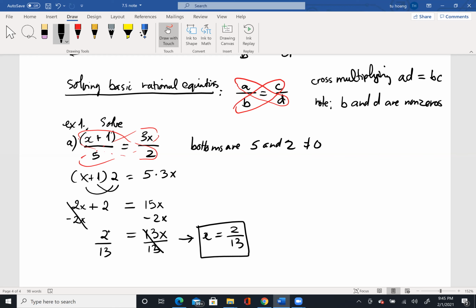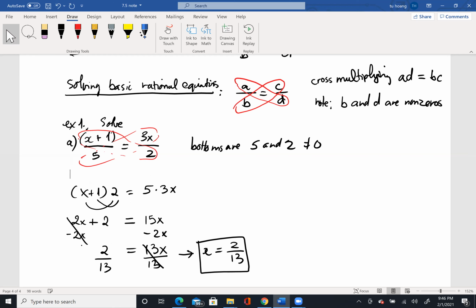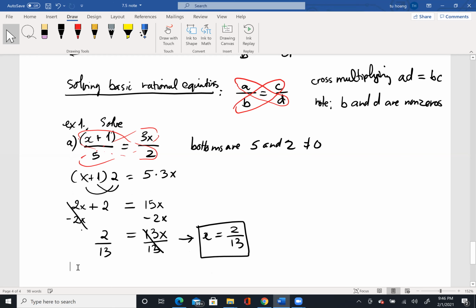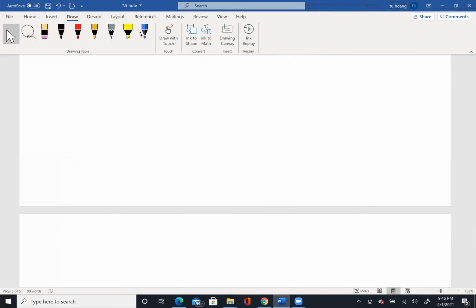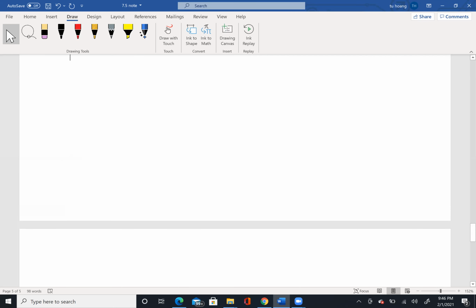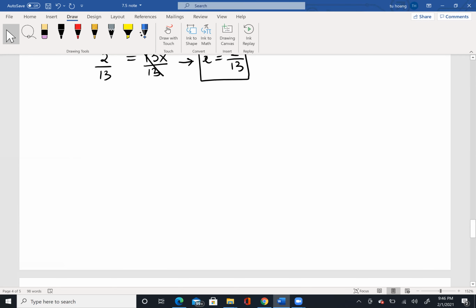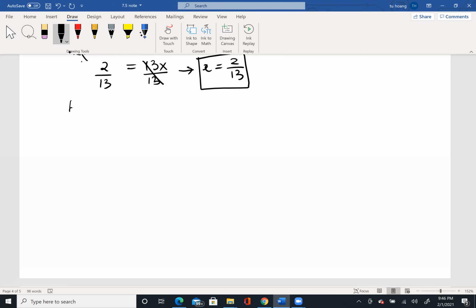Let me move down. So that's part B. Let's say you have x equal to 4 over 3x minus 4.